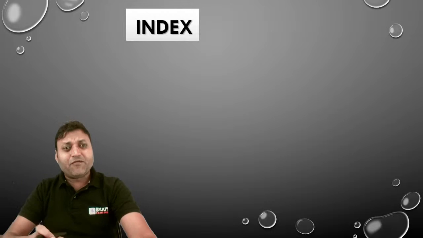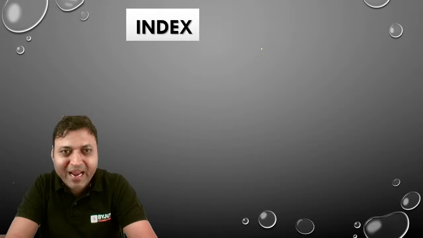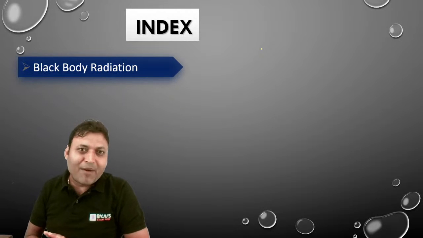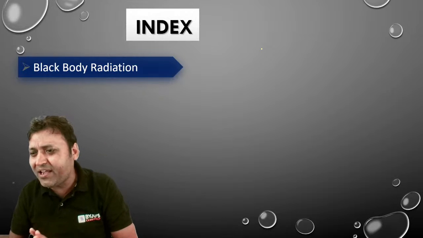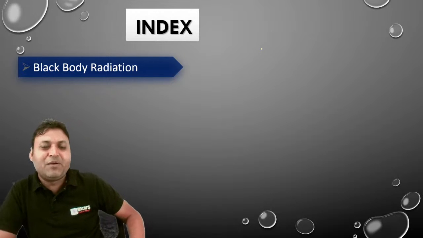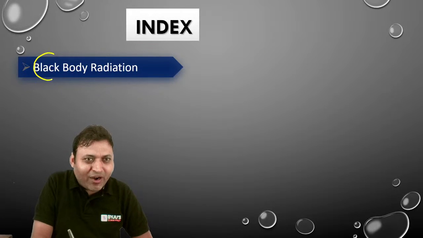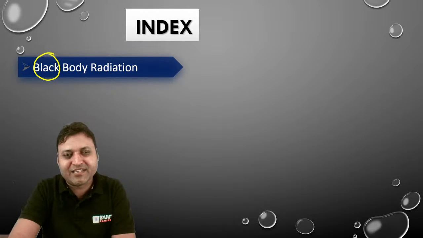So first of all, what we are going to discuss in today's session, you should know beforehand so that you can make up your mind. First of all, we will talk about the radiation exchange between black bodies. What is a black body? Does anybody have any idea about a black body? How do we define a black body? What is exactly a black body in terms of radiation analysis?